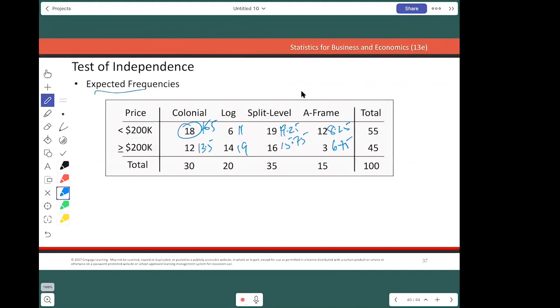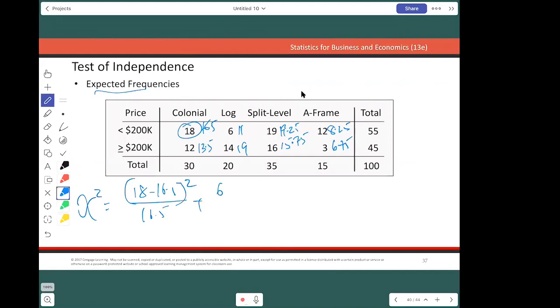So now that you have the expected frequencies, if I now calculate not the expected frequency but the chi-squared value, I must take 18 minus 16.5 squared over 16.5. And then I must repeat that. How many of those? 8 of those values.